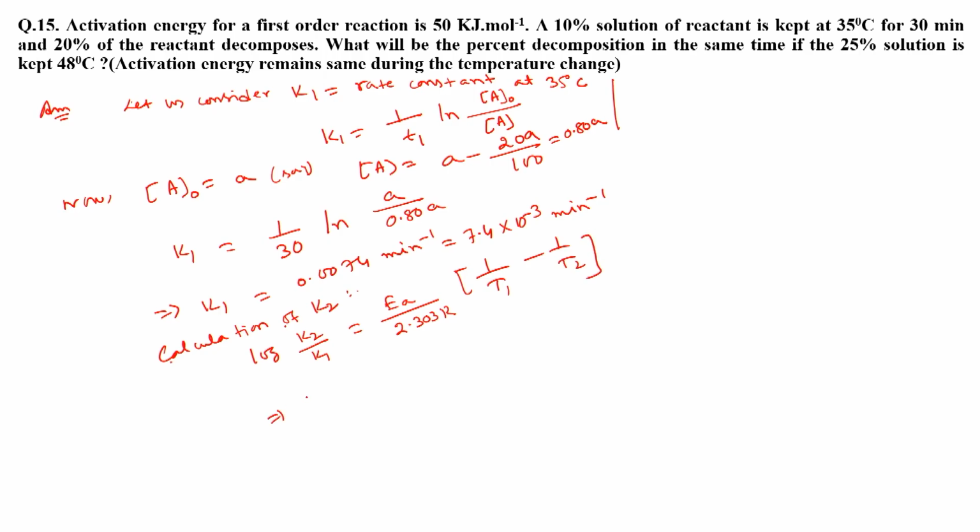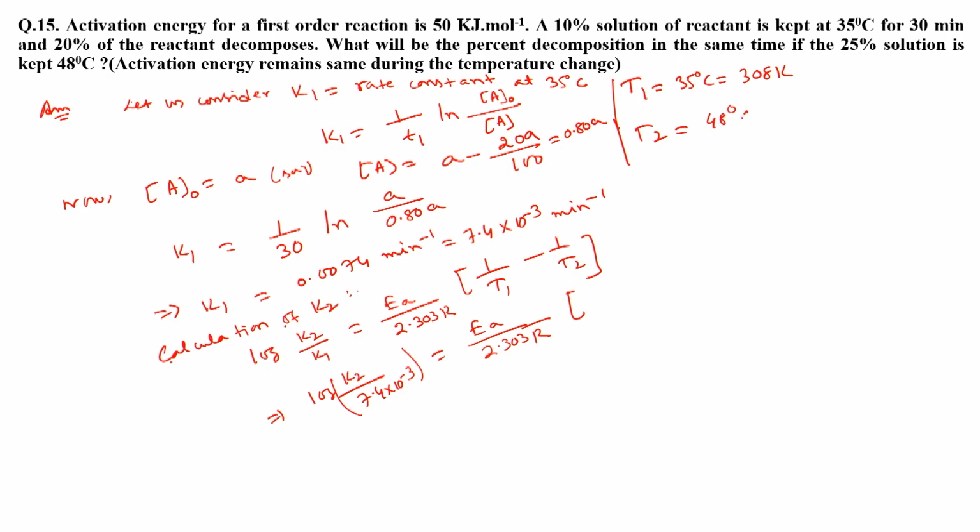So log K2 by 7.4 times 10 to the minus 3 is Ea by 2.303 times R. Now, T1 is 35 degrees Celsius, which means 308 Kelvin, and T2 is 48 degrees Celsius, which gives 321 Kelvin. So 1 by 308 minus 1 by 321.